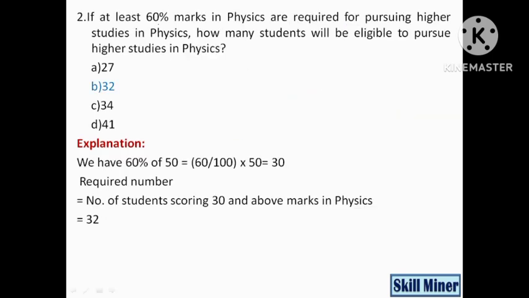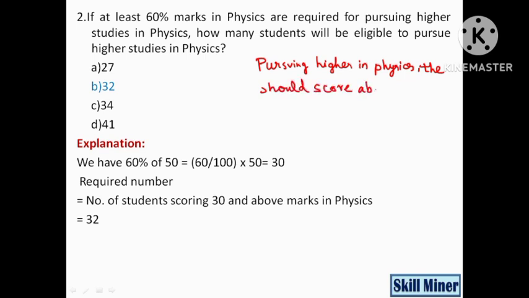If at least 60% marks in physics are required for pursuing higher studies, how many students will be eligible to pursue higher studies in physics? The question states that for pursuing higher studies in physics, the student should score above 60%.